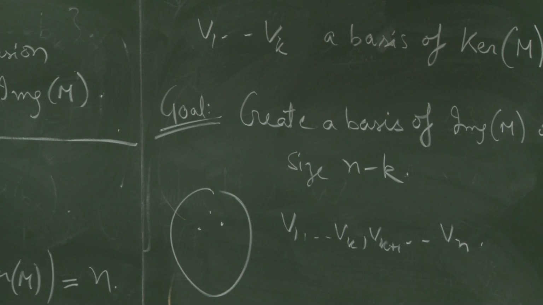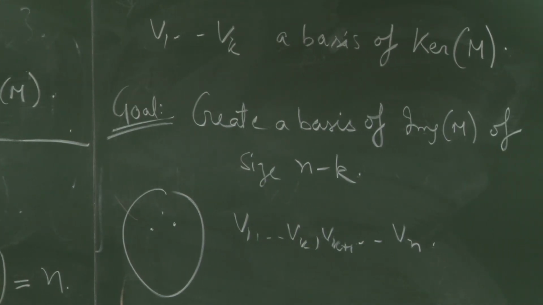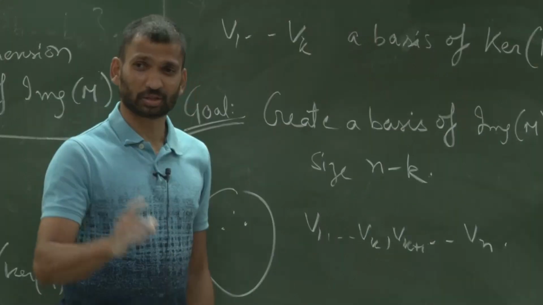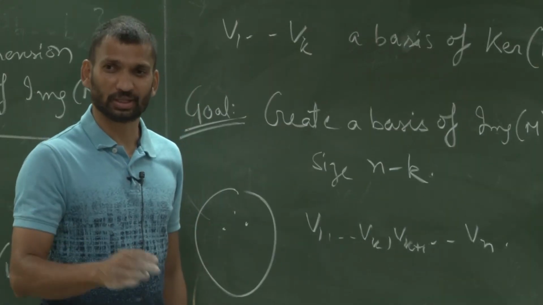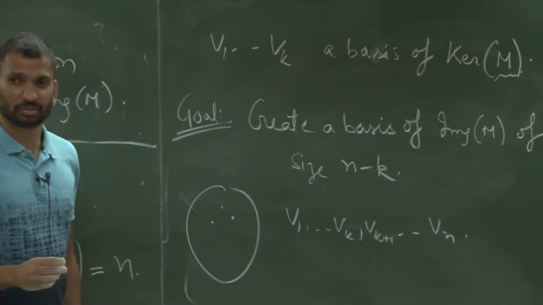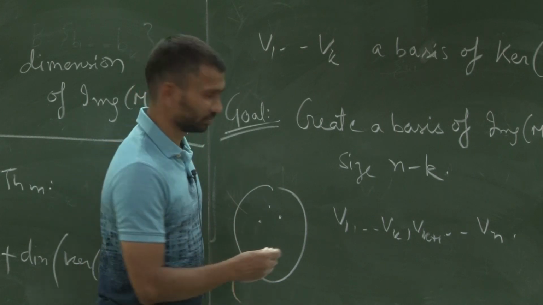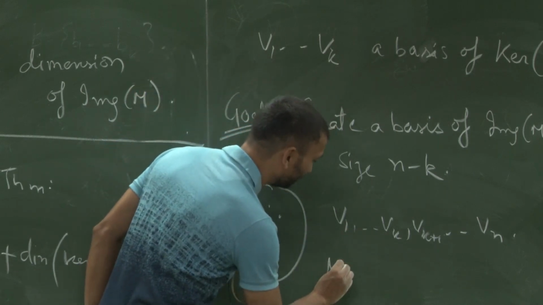Okay. Now can you tell me what is the basis of image of M? You are giving a wrong answer, but I know you know the right answer. What is A? I don't know what A is. But, okay.